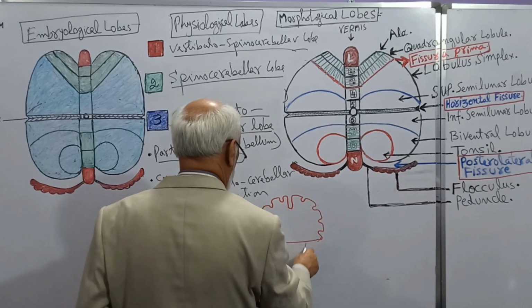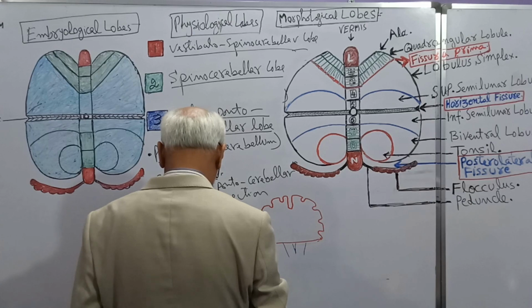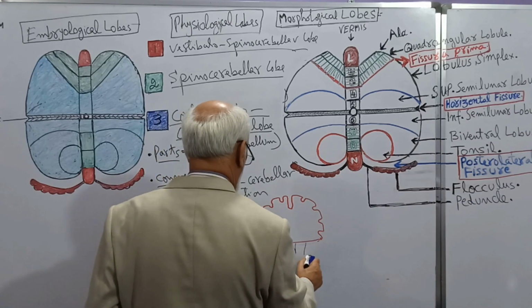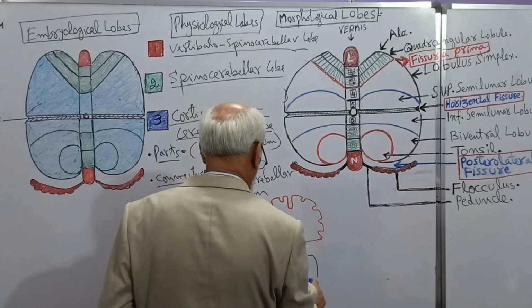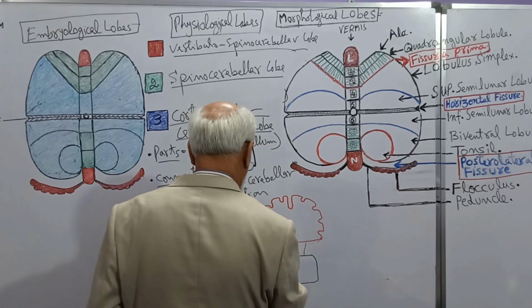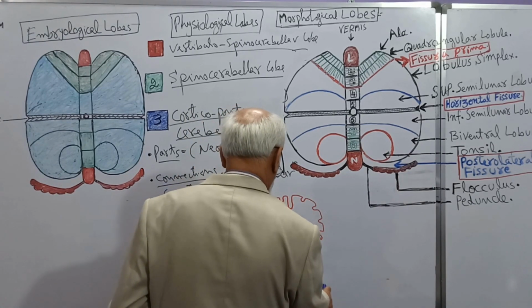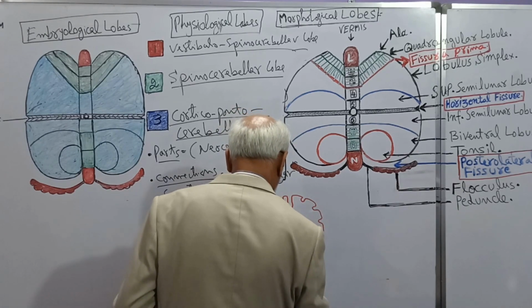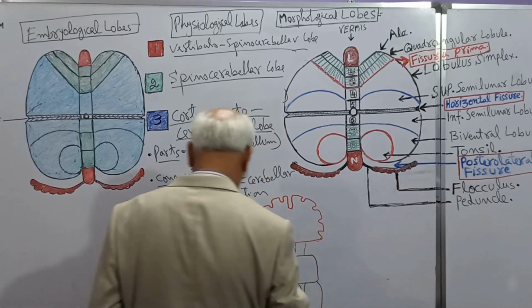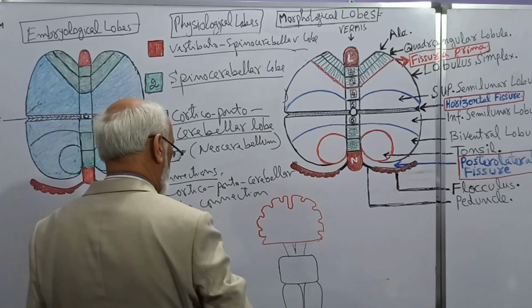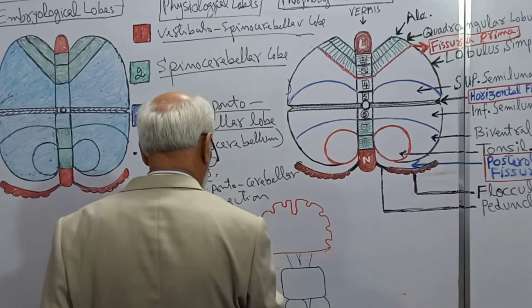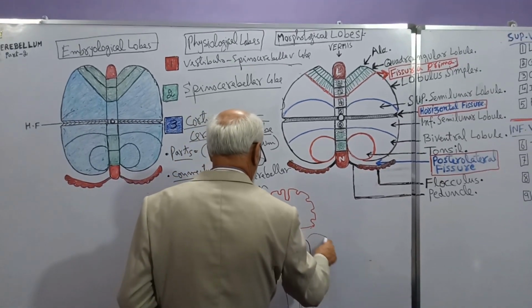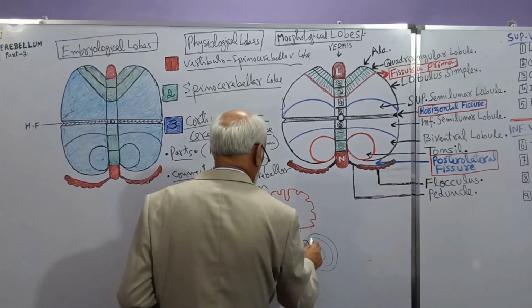Then the midbrain. Then there is the pons, and next to the pons is the medulla oblongata. Behind the pons, this is the right cerebellar hemisphere and this is the left cerebellar hemisphere.